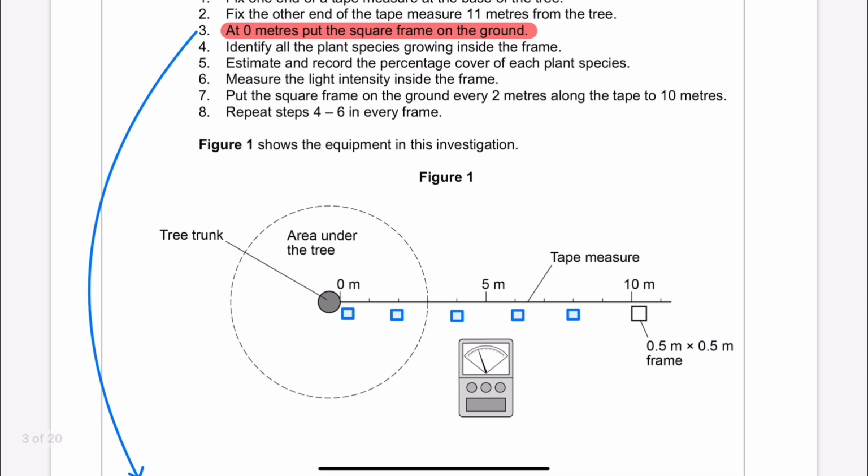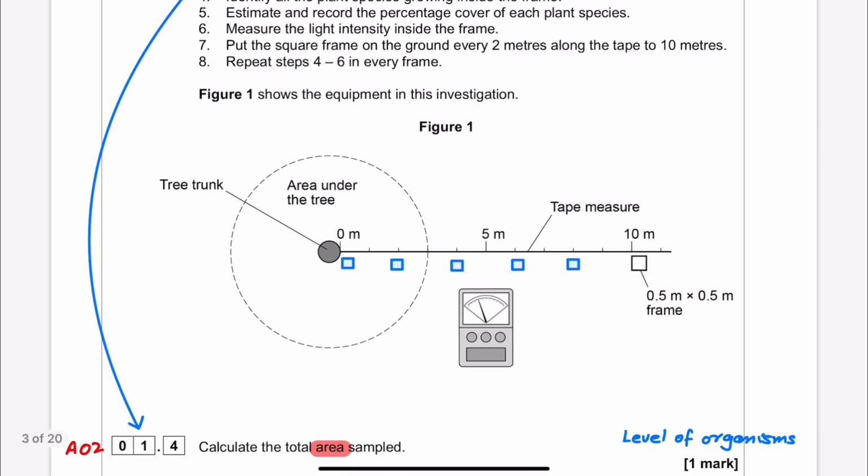Students usually forget that at 0 meters, put the square frame on the ground. Students usually miss this point and count 1, 2, 3, 4, and 5. Student needs to use 6 frames in this question. So the total area is 6 into the area of one frame.